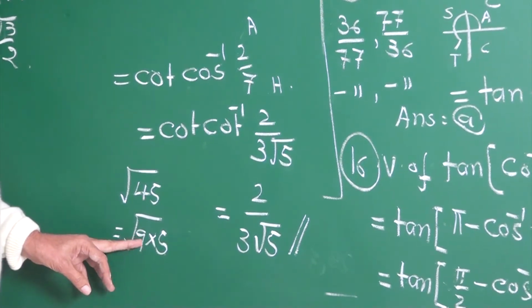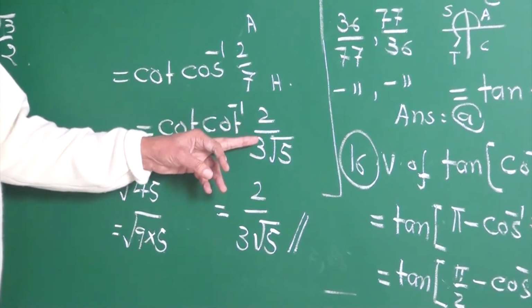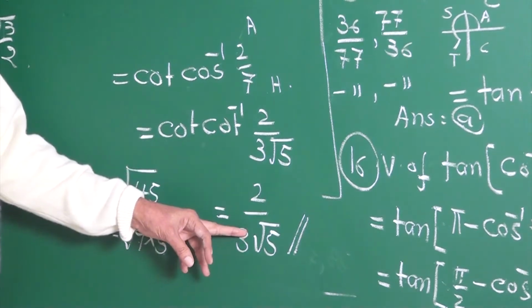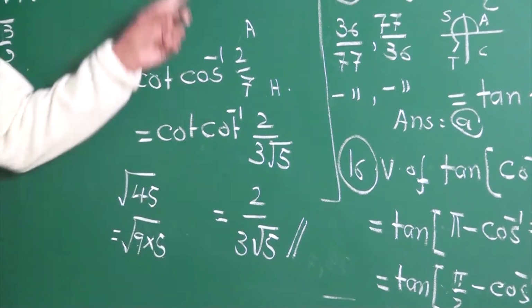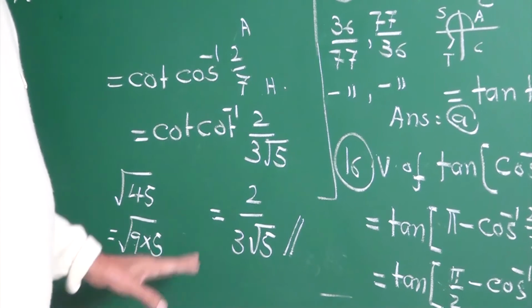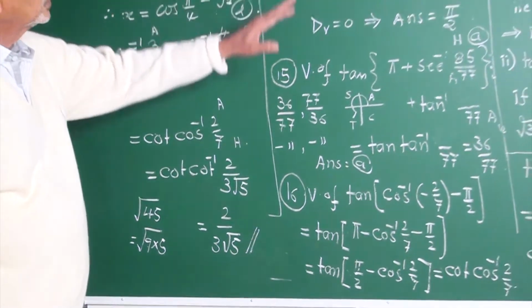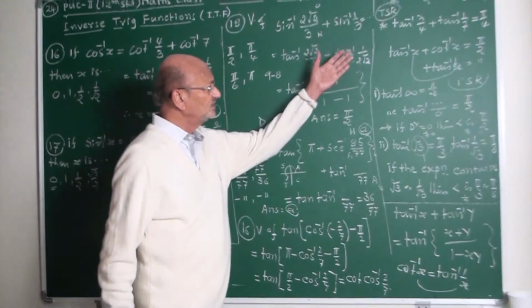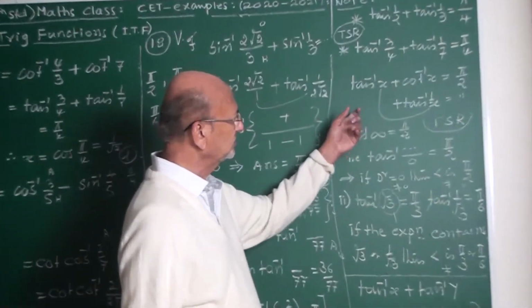Root 9 is 3, root 5, therefore the answer is 2 upon 3 root 5. This is the answer.